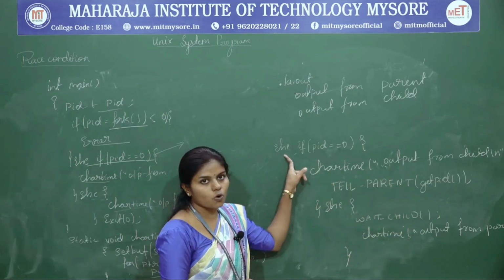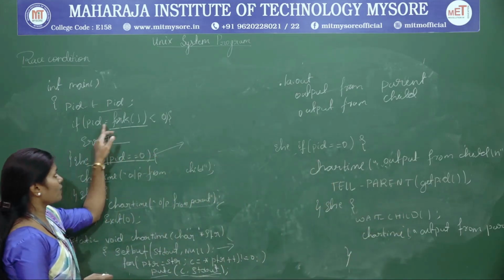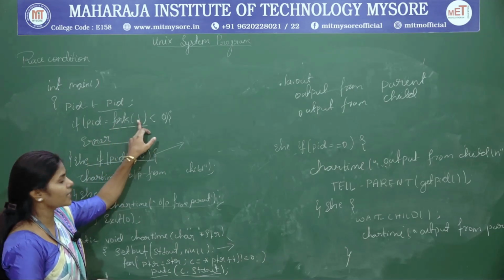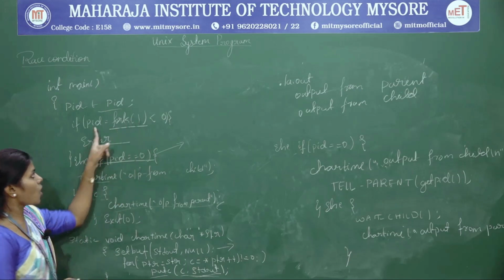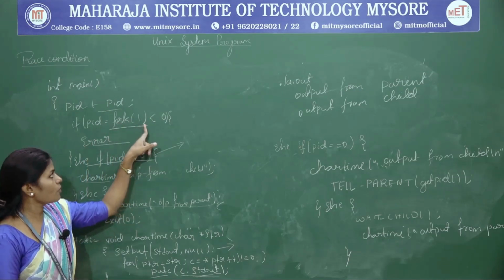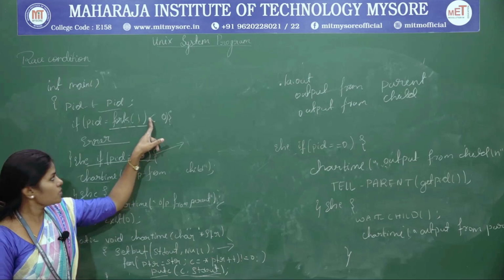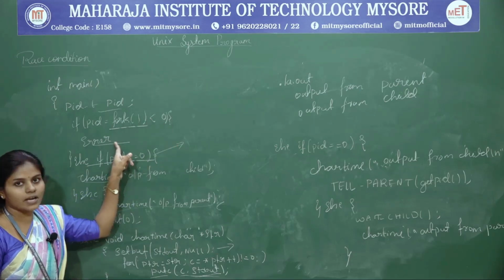So how does the control go? First it is going to check the PID. Now creating with the fork command, the PID is assigned, which creates the child process. If it is less than 0, then error.